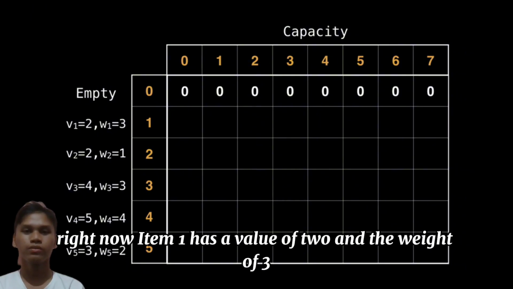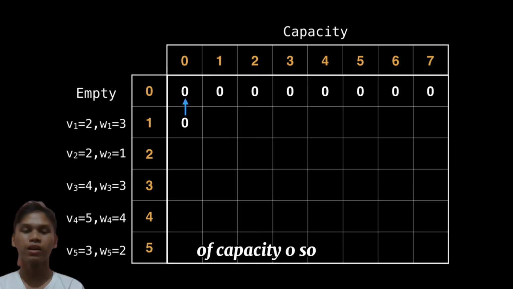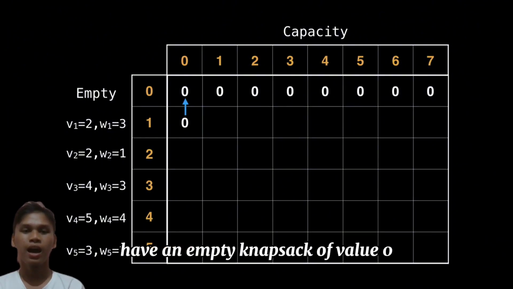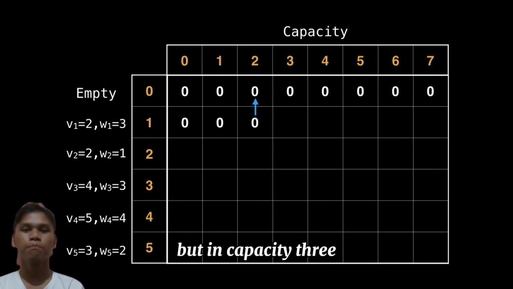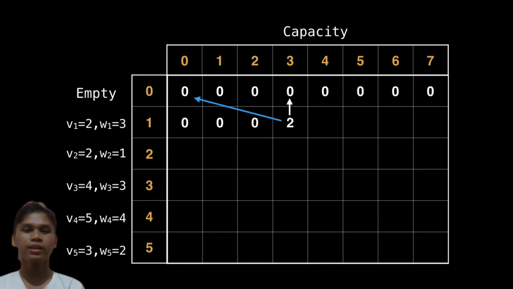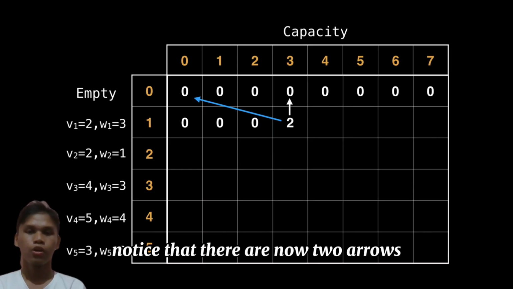Right now, item 1 has a value of 2 and a weight of 3. The weight of 3 does not fit within a knapsack of capacity 0, so the best we can do is have an empty knapsack of value 0. Similarly for capacity 1 and capacity 2. But at capacity 3, we have enough room to fit item 1. Notice that there are now 2 arrows.